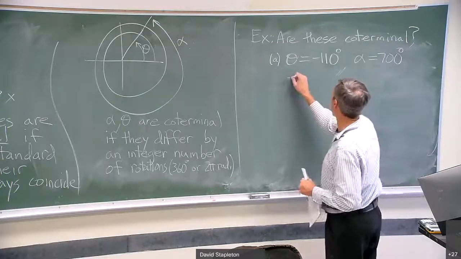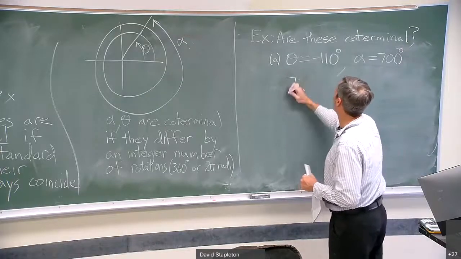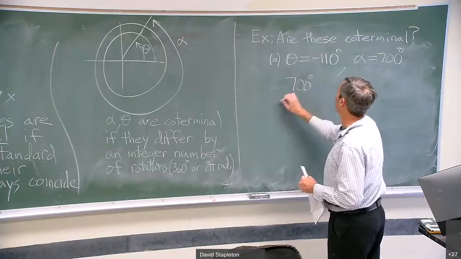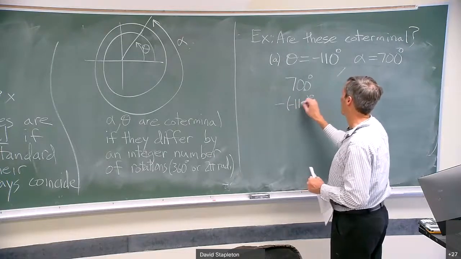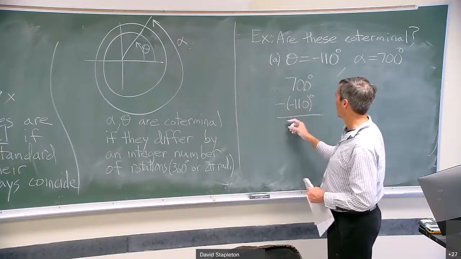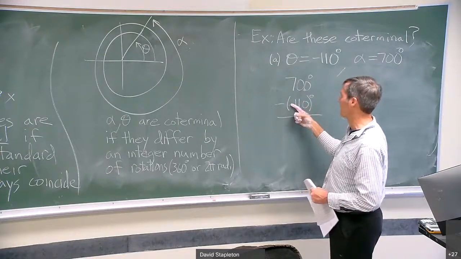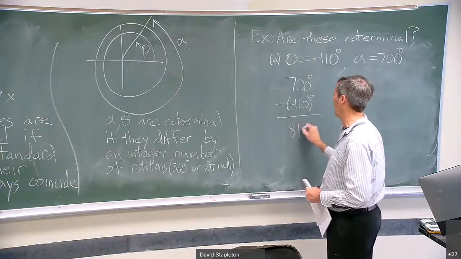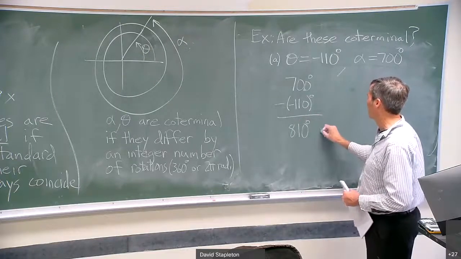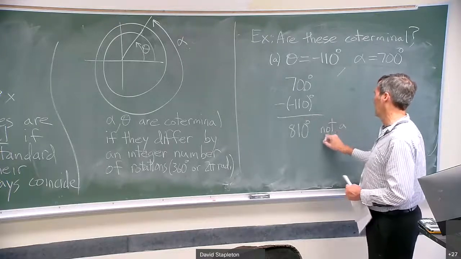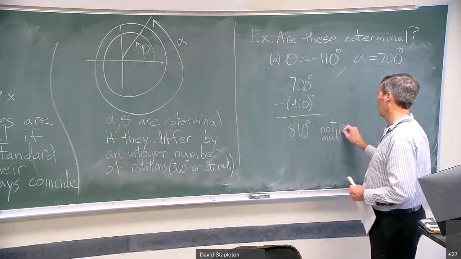Well, you just subtract them. You take the larger one, 700, subtract the other one, minus 110. All right. And you say, okay, that's subtracting a negative. It's the same as adding. So this is 810 degrees. That's not a multiple of 360. Right? This is where it helps to memorize some of these.